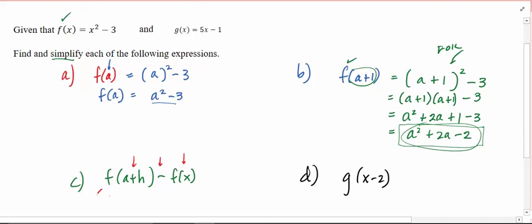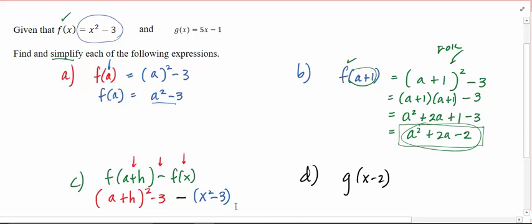So instead of x, I'm going to have a plus h. Now I'm going to use a different color here so we can see what's going on. Minus, and now I have f of x, which is just the regular function.